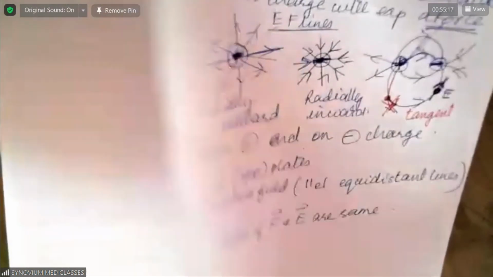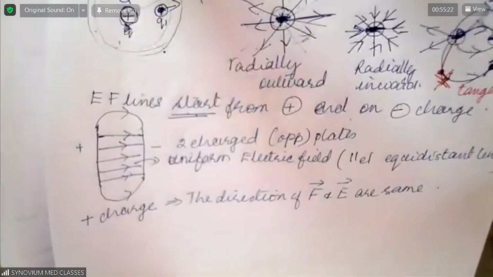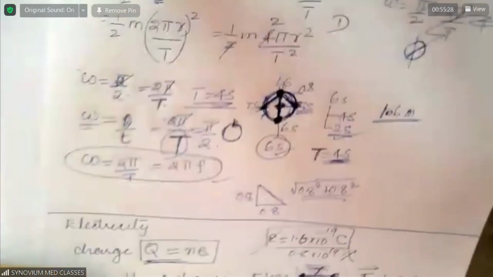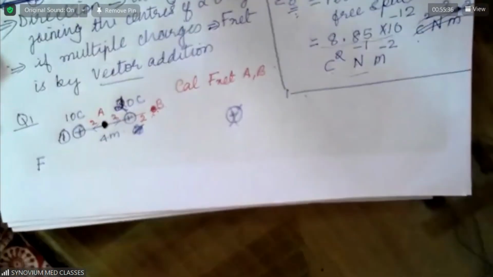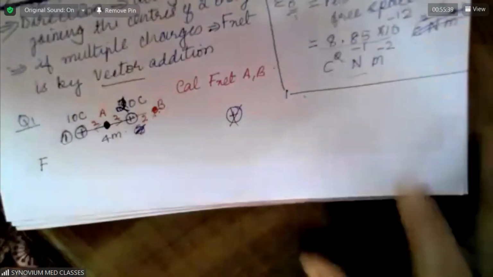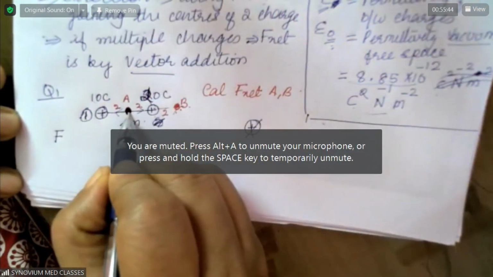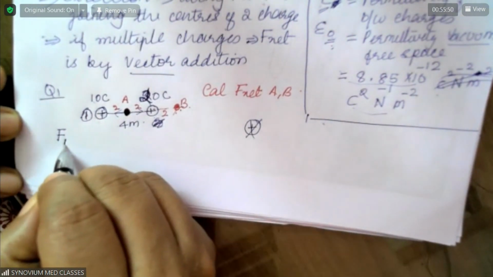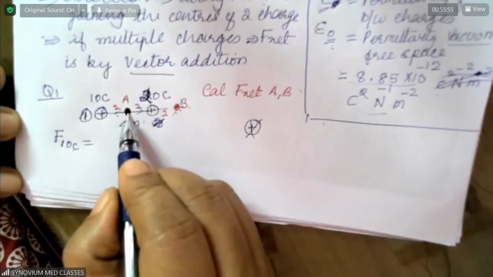Now, having known that, let us come back to our question. Let the force at this point due to the 10 coulomb charge be F1. It is in which direction?